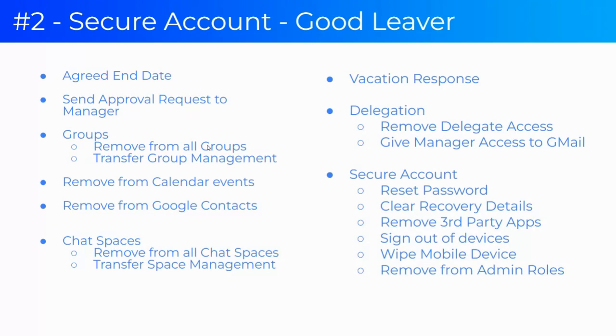This user is going to be leaving the organization. We're then going to show you how you can remove the user from all Google groups, transfer any group management. We're going to remove any calendar events that those users have been sent.